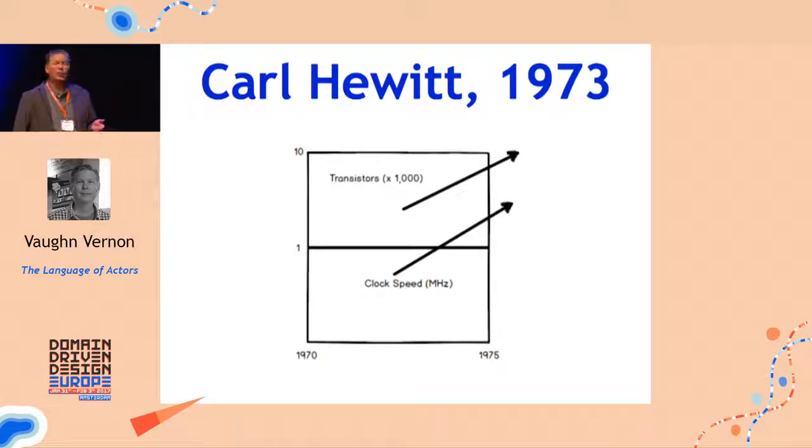There was originally a Smalltalk 71, and then a Smalltalk 72. And Carl Hewitt, a professor at MIT at the time, somehow got his hands on Smalltalk 72.